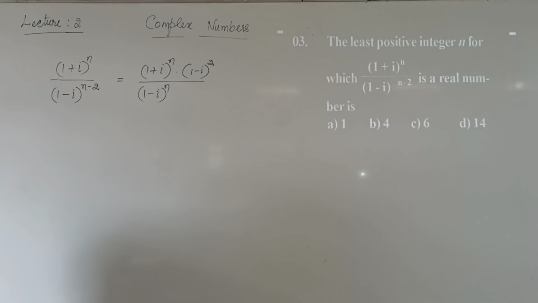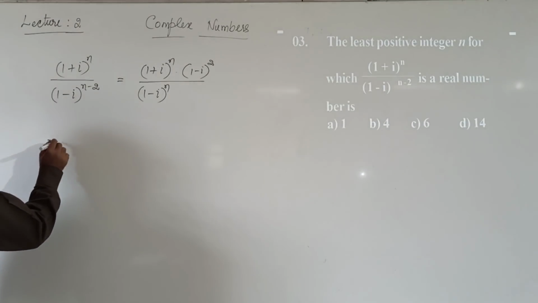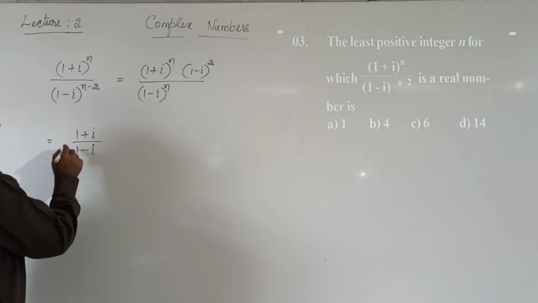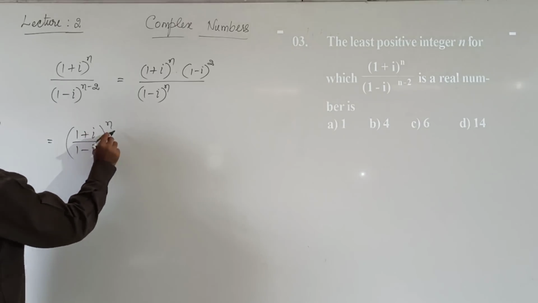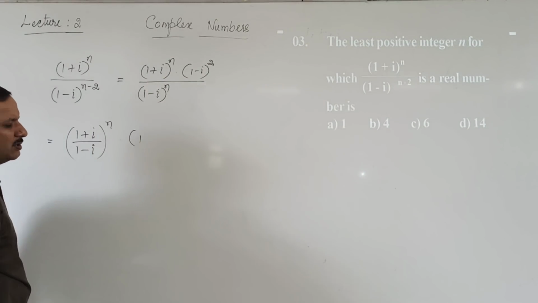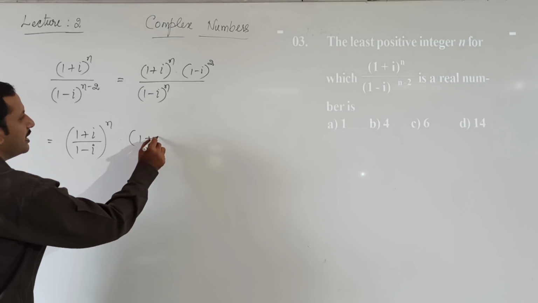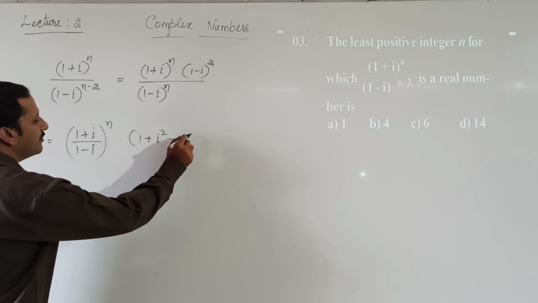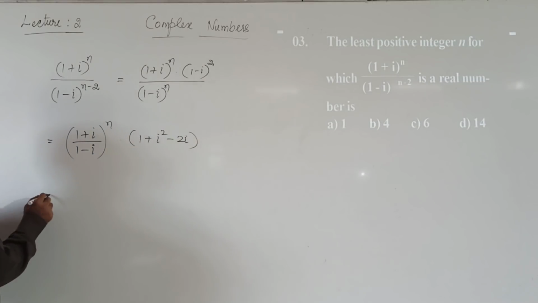Okay? This is what we have. Now this is equal to (1 plus i divided by 1 minus i) whole power n into (1 minus i) whole square. Expand that using the (a minus b) whole square formula, with a square plus b square minus 2ab, minus 4.